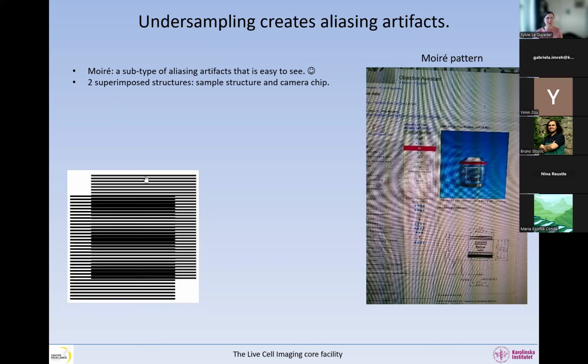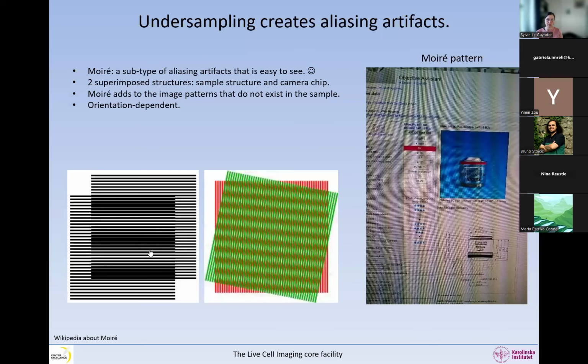So when we have two superimposed structures, the sample structure and the camera chip, we get moire like this. Moire adds to the image patterns like these big black bars, patterns that do not exist in the sample. This would be the sample and this would be the camera, and we have these big bars that do not exist, but they show up in the image.